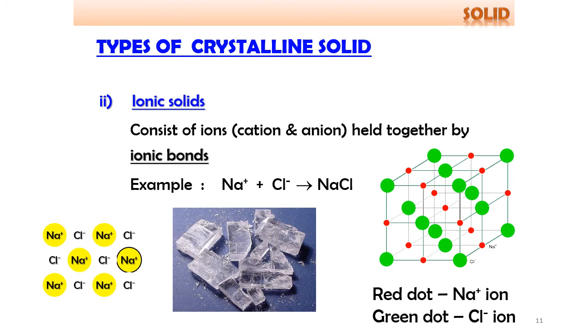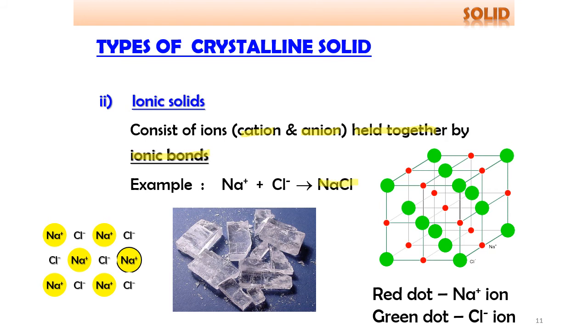Next, we will look into ionic solid. So ionic solid consists of cations and anions, positive ions and negative ions, that are held together by ionic bonds. So for example, you have NaCl.